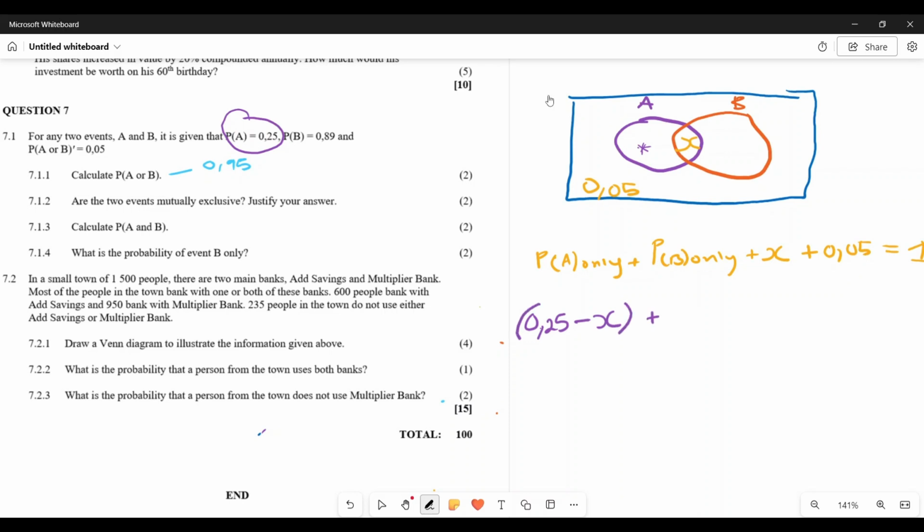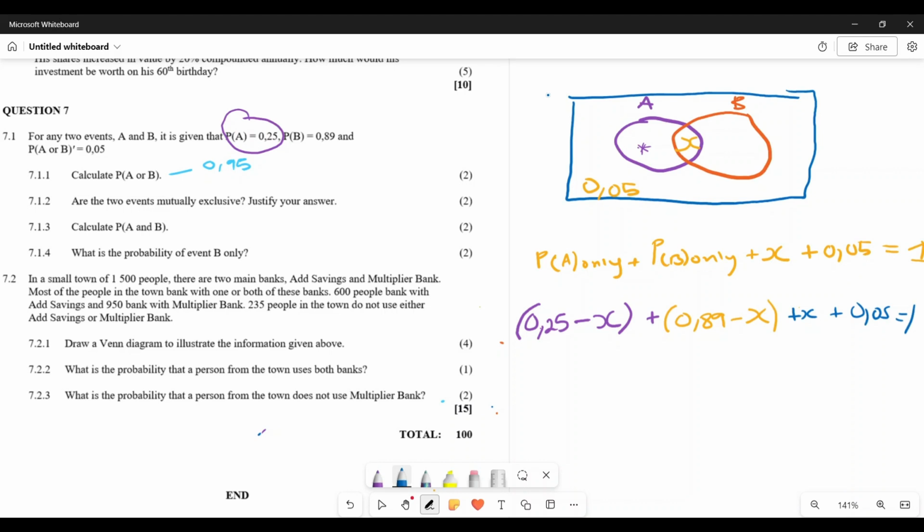Plus, same applies with your probability of B. You would need to do the same. So you would need to take the 0.89, because it's for everything, minus the probability of A and B, which is indicated with the letter X. And as I've said, we need to add our probability of A and B, which is X, plus 0.05, and all of this should be equal to 1.